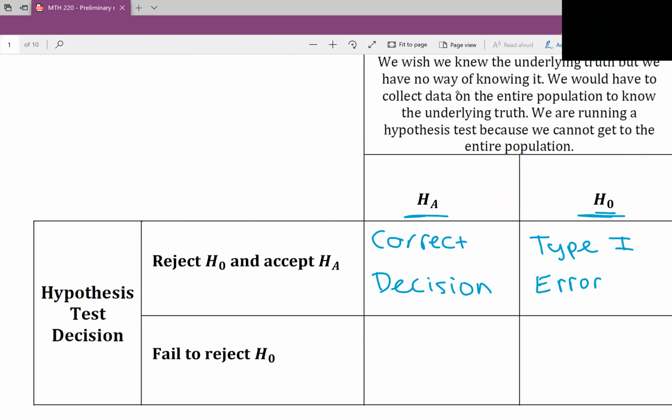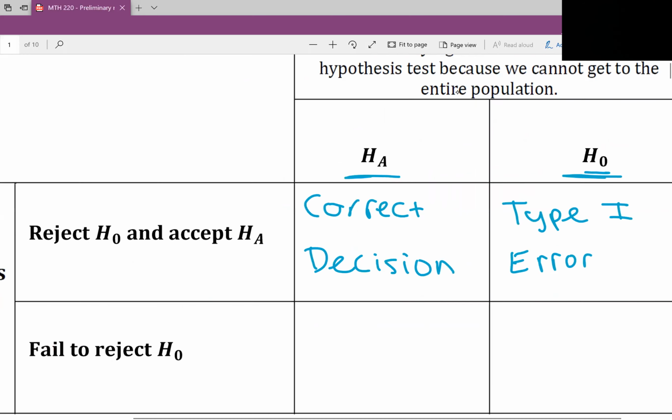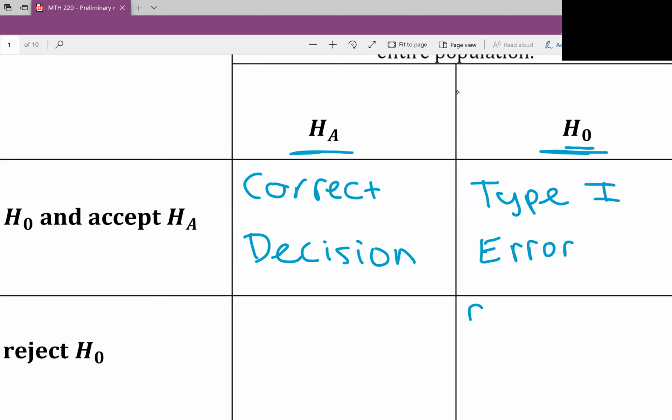If we fail to reject H0, now we never use the phrasing accept H0. But if we fail to reject H0 and we started off assuming H0 to be true and we didn't have evidence for HA, well, then we kind of just keep assuming H0 to be true. So if I fail to reject H0 and H0 is the underlying truth, well, then that means we made a correct decision.